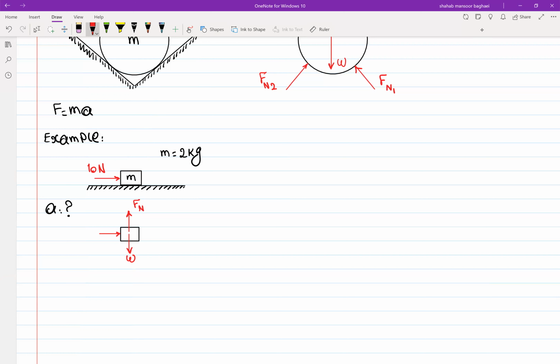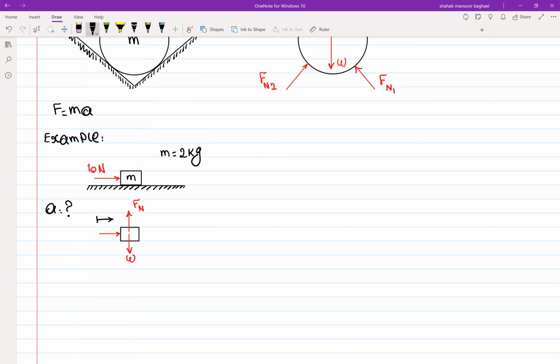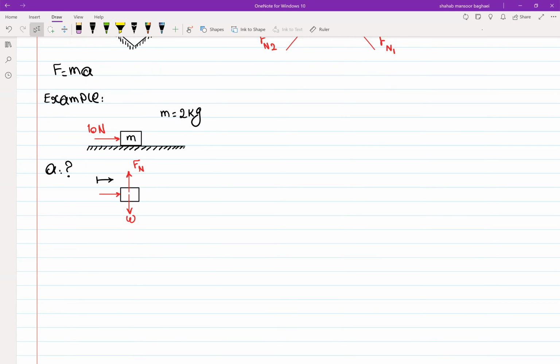Okay. Where is the direction of this block regarding motion? I mean, the direction of velocity or direction of motion is to the right. Therefore, here, you have this coordinate. This is your origin, and that's to the right. Along the motion, apply Newton's second law. I mean, every force which is along horizontal motion should be applied for Newton's second law.